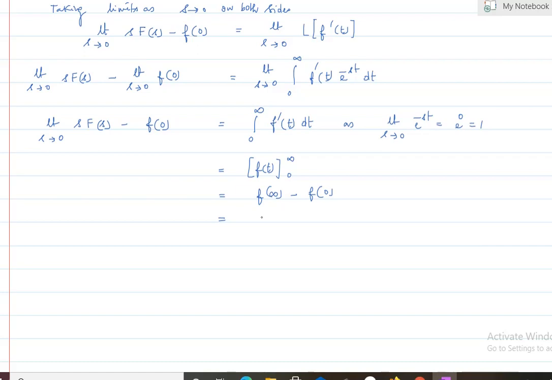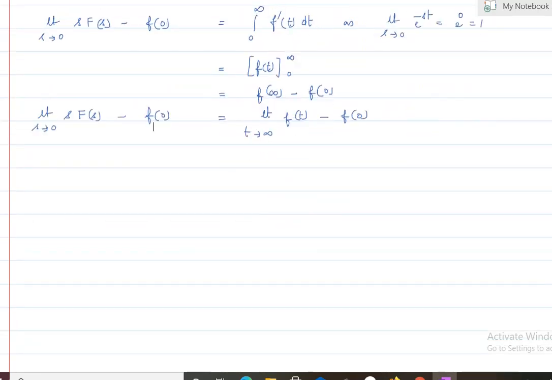This f of infinity can also be written as limit t tends to infinity f of t minus f of 0. I have written this f of infinity as this, whereas the left side we get limit s tends to 0 s into F of s minus f of 0. Now we get f of 0 on both sides with the same sign, so we can remove them.